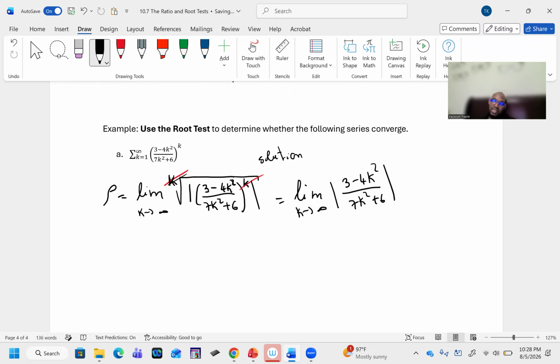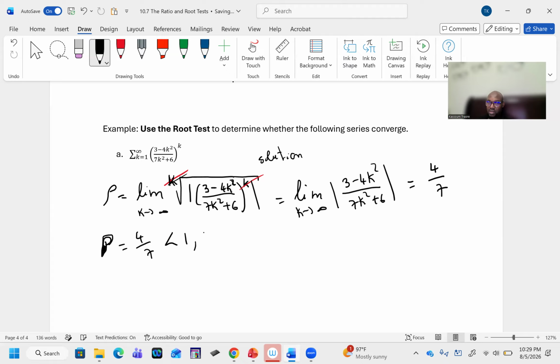But k starts from 1, right? And because of the absolute value, this limit will be the absolute value of negative 4 divided by 7, which is 4 divided by 7. So rho is equal to 4 divided by 7, which is less than 1.